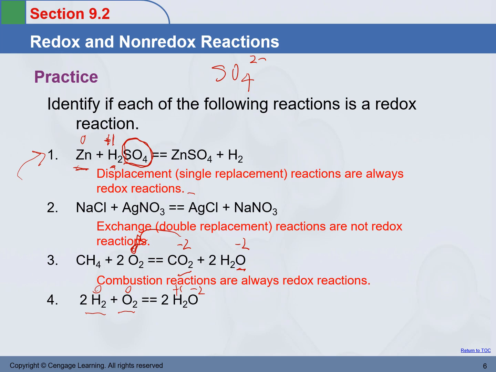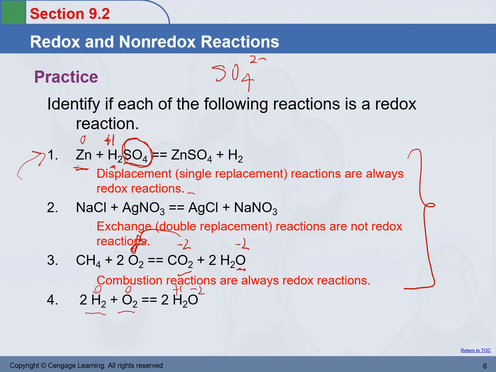However, not all combination or decomposition reactions are redox or non-redox. In the case of combination and decomposition reactions, you must use the oxidation numbers to predict whether reactions are redox. The three categories here, you'll know them right away. For combination and decomposition, you have to use the oxidation numbers.